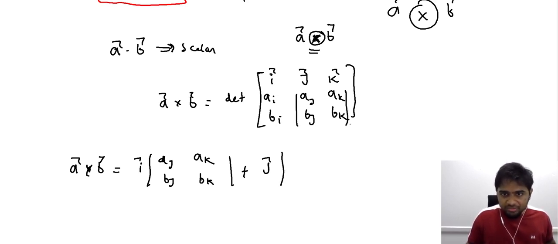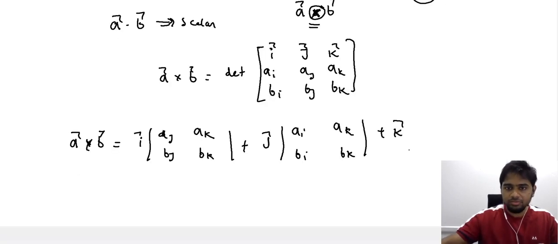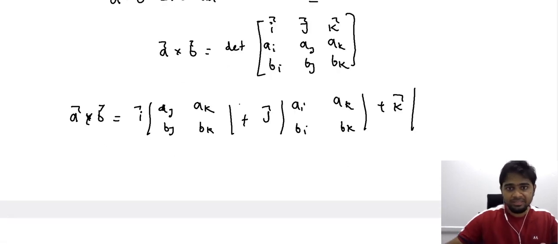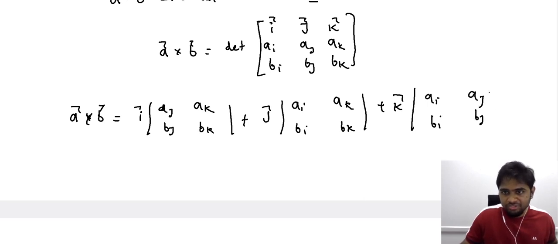So this would be these two here. We have considered these two, and now we have to include J, the determinant for J. So therefore AI, BI, AK, BK, and now the K vector. We need to consider these two rows, the truncated rows here, that is AI, BI, AJ and BJ.